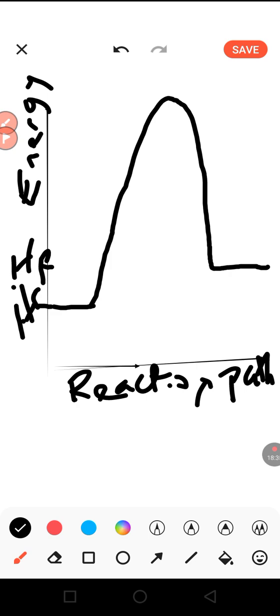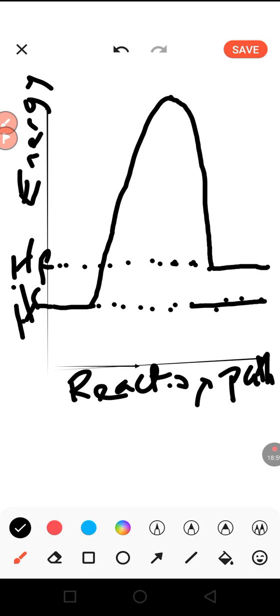Now, when you trace this heat of product to the line of product, and then you also trace this one to the other end, trace to the other end.